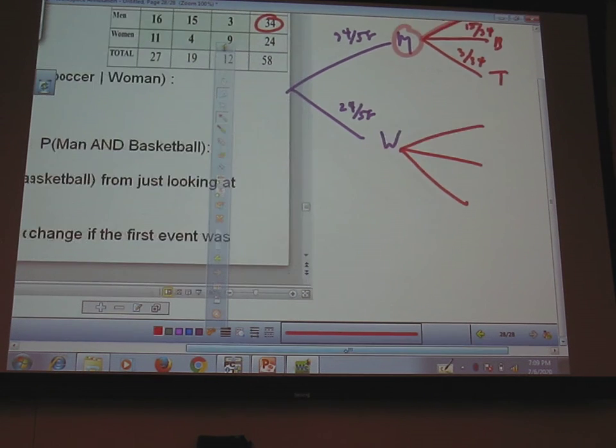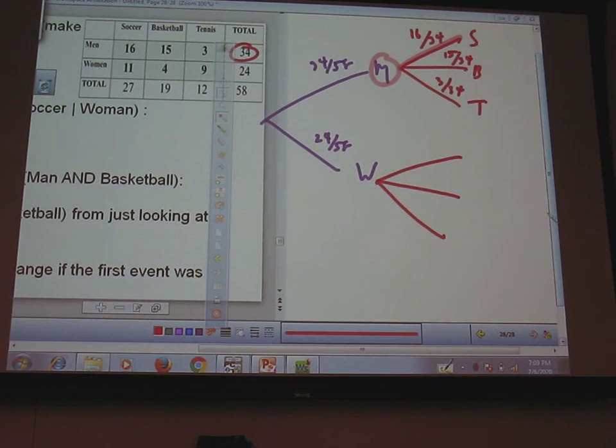Do that one, and then try to answer the question.